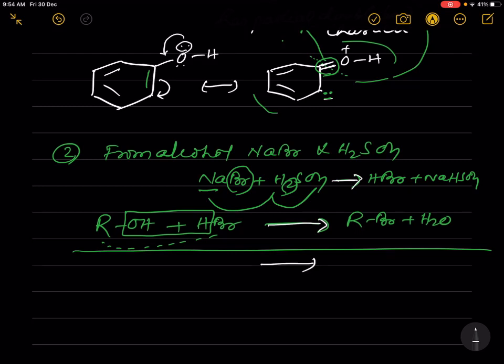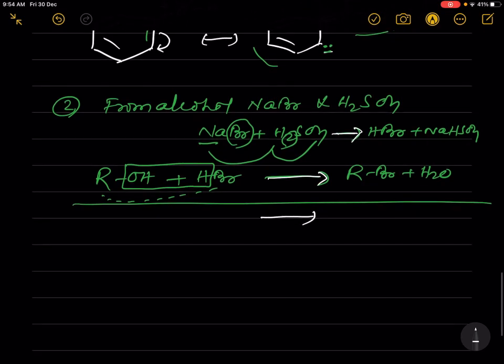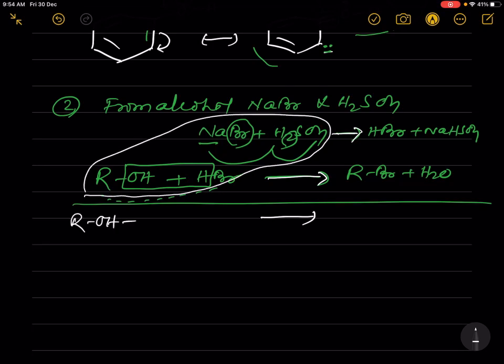You just put an arrow sign. Then on the left hand side you have ROH, NaBr and H2SO4.